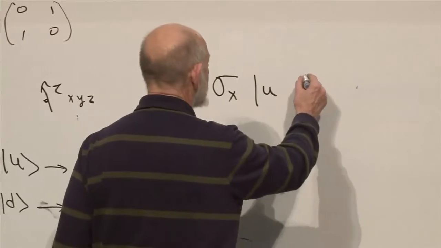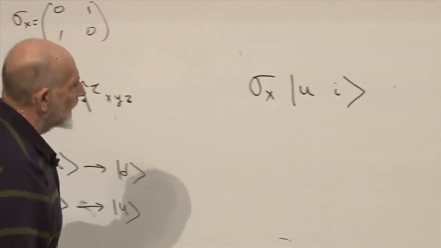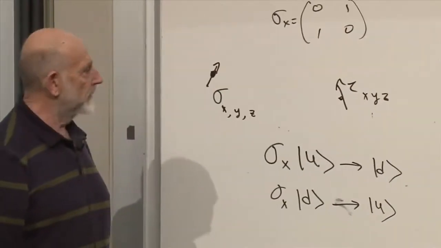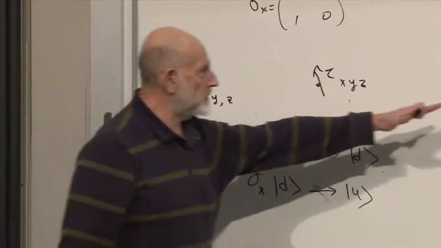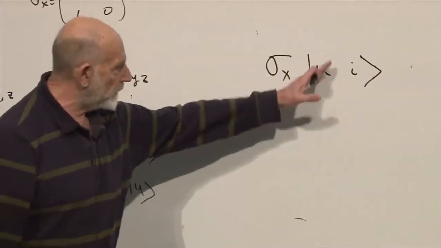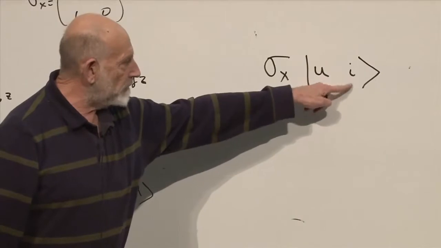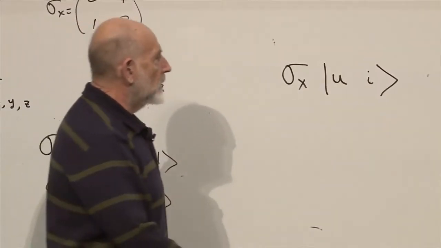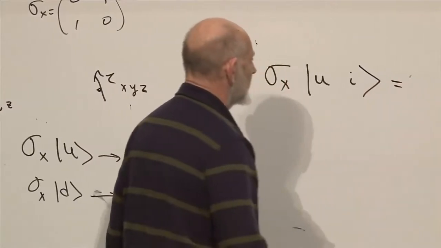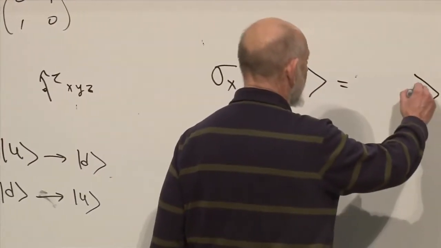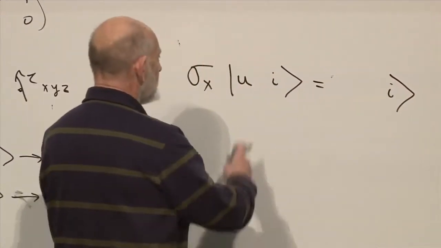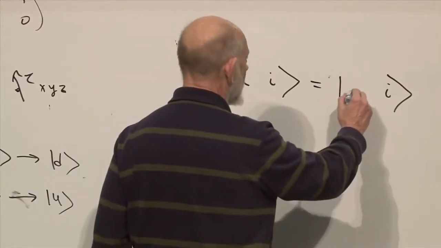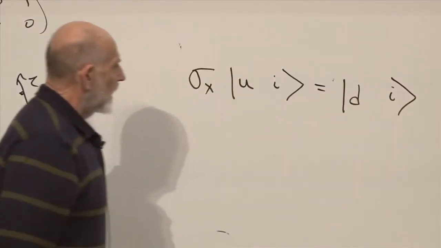So sigma x, when it acts on up I, all it sees is the first thing here, and it's completely passive with respect to the second index. In other words, it doesn't even notice the second index. It leaves it the same. It doesn't change it, but it does whatever it should do on the first entry.